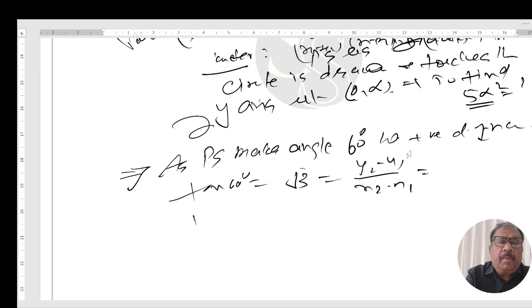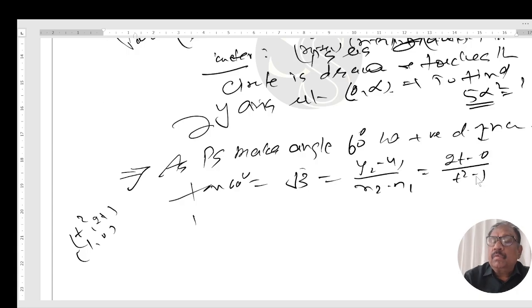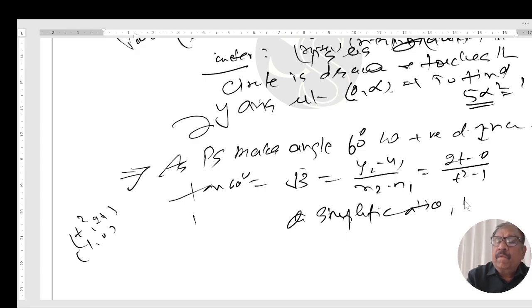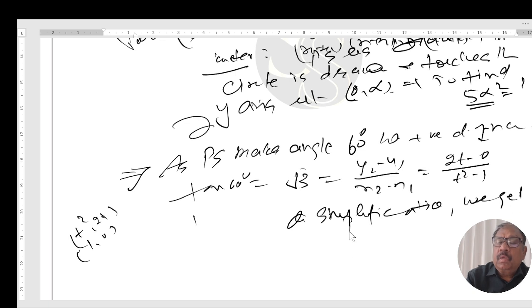We took the points t square, 2t and (1, 0). On simplification, y2 minus y1, that is 2t minus 0, upon t square minus 1. On simplification, we get t equal to root 3 or t equal to minus 1 by root 3.